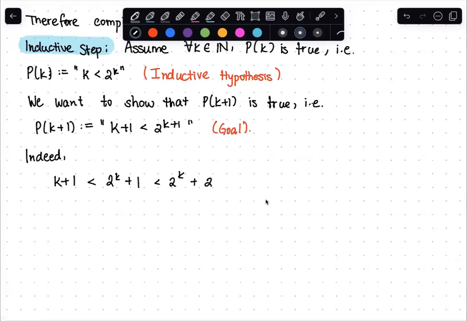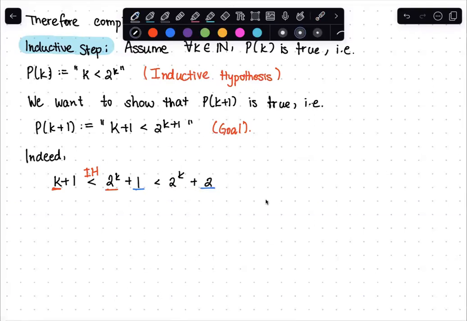This is still true. I'll label the stage where I use my inductive hypothesis on k to go from k plus 1 is smaller than 2 to the k plus 1, and then I use the fact that 1 is smaller than 2.